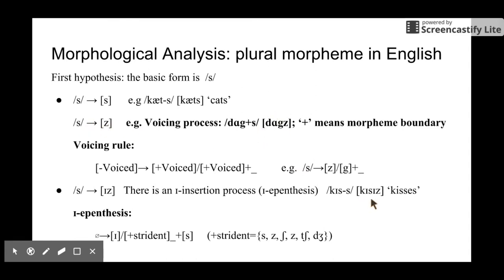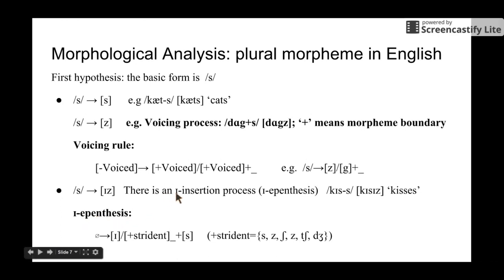However, this is not the end of the story. We still need to account for kisses. We have an extra vowel here. It becomes iz. What's going on here? Actually, we will propose an epenthesis rule.